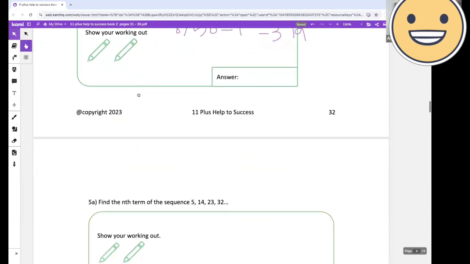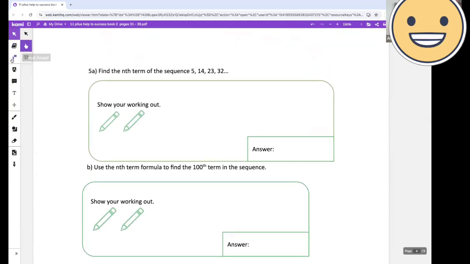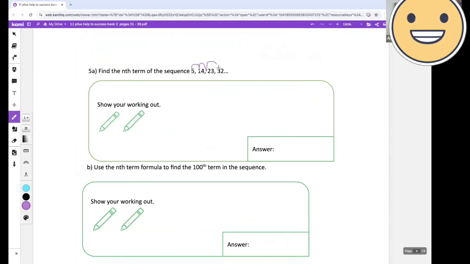So now we are on number 5. Number 5 is the same thing. You need to find the n-term of the sequence: 5 to 14, 14 to 23, 23 to 32. How would you go from all of this and find your sequence? And with the same formula, you're finding the 100th term after that.